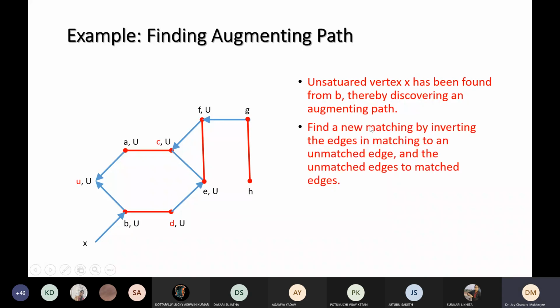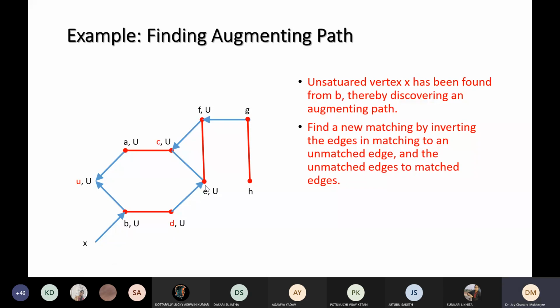Now, what I do is find a new matching by inverting the edges. So, from X to B I go, then I have only the option to go by these red edges. D's parent was E. The parent I keep mentioning is decided by your breadth first search.